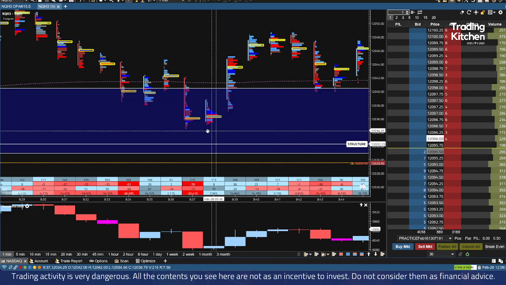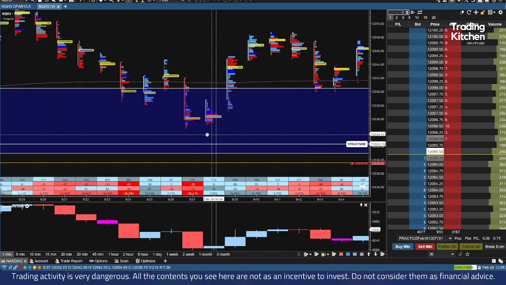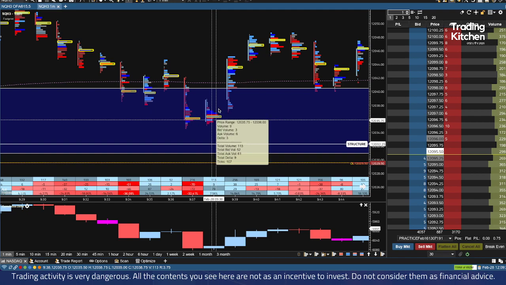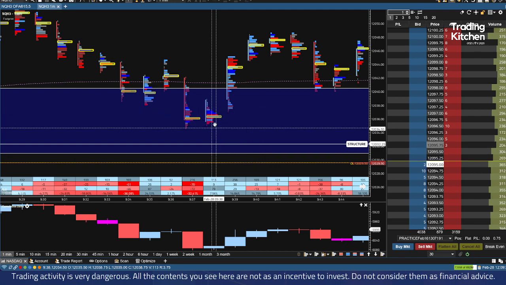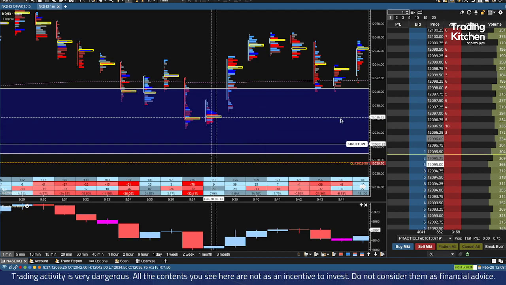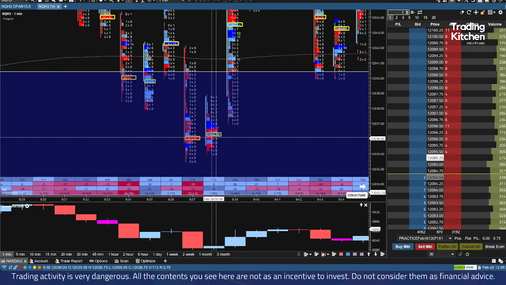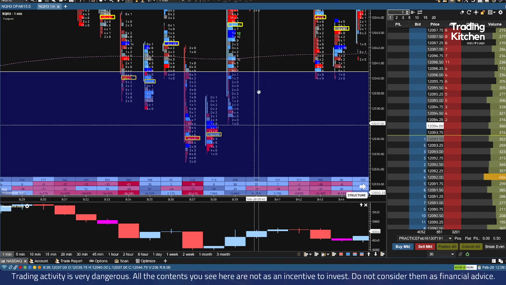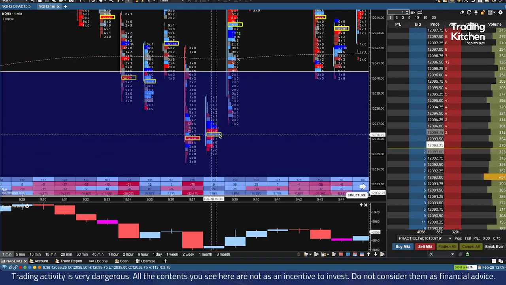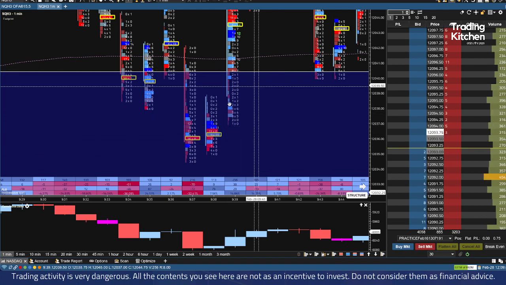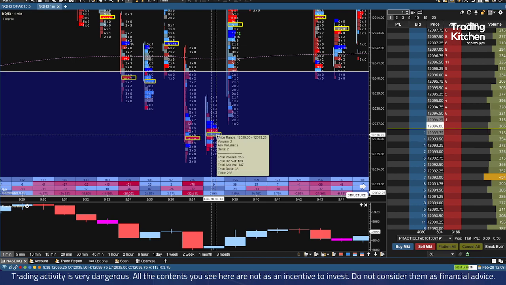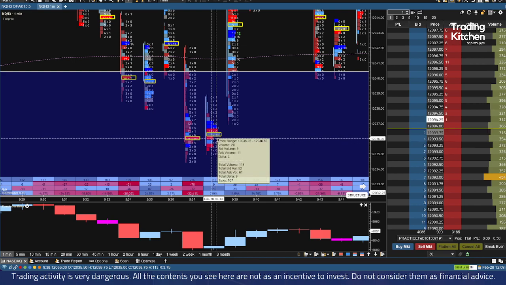Okay, this is also a very good candle. Why? Because we have a strong indecision here. Look, the POC is gray, so there is no decision between sellers and buyers.